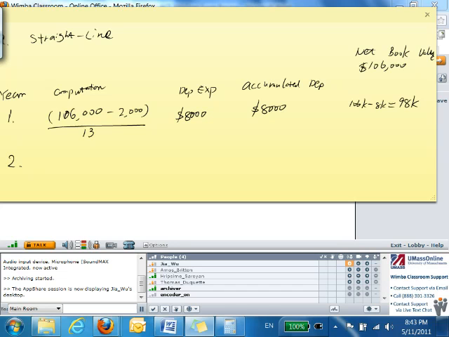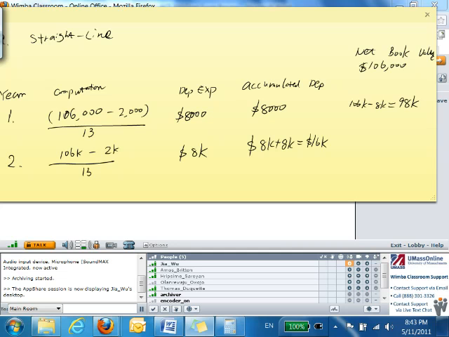So in year two, the computation is the same, 106,000 minus 2,000 divided by 13, which is also $8,000 depreciation expense per year. And accumulated depreciation equals 8,000 from year 1, plus another 8,000 depreciation expense in year 2. So the new accumulated depreciation would be 8K plus 8K equals 16,000.